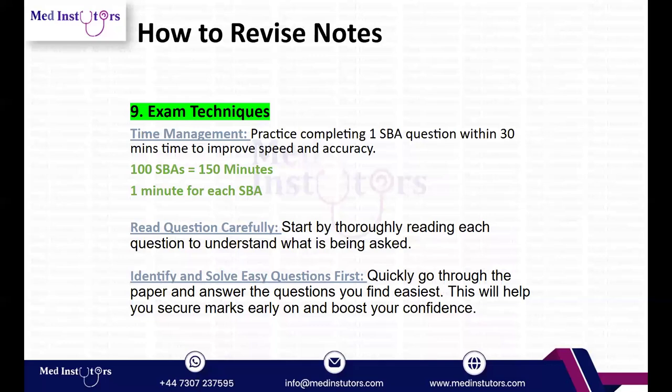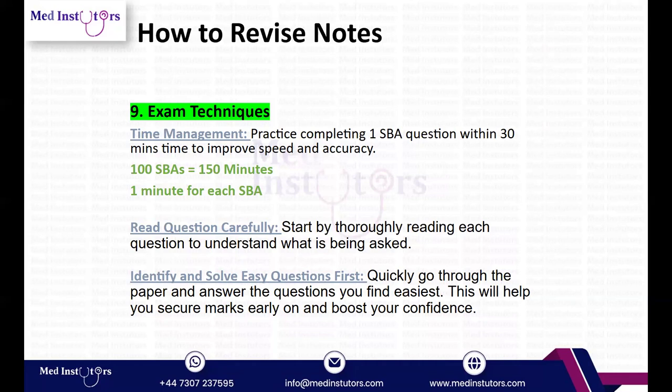Time management, we have already discussed this. Try to spare 1 minute for each SBA. Read the question carefully, identify and solve easy questions first. Even during the exam, this would give you an idea of exactly where you are standing in your exam performance. This works like that. If you solve the easy questions first, on which you are sure about the answer, and red flag those questions on which you are not sure about the answer.